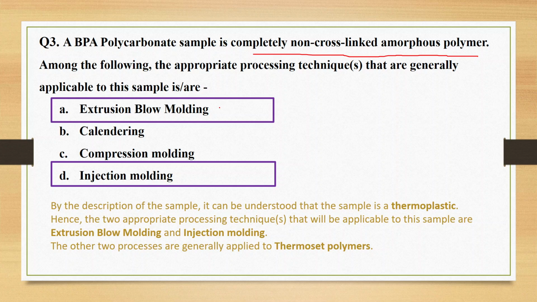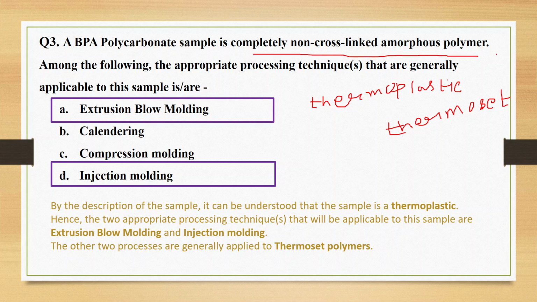If you remember, there are two major classifications of polymers that Professor Dhara discussed: one was thermoplastic and another was thermoset. Whenever you face this kind of question, first identify what kind of polymer you are dealing with. Here it is mentioned that the BPA polycarbonate is a non-cross-linked amorphous polymer.